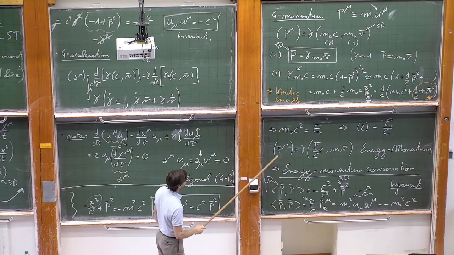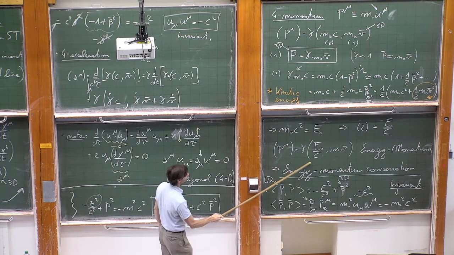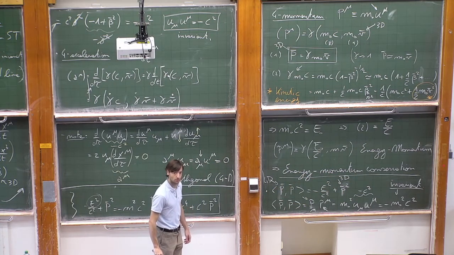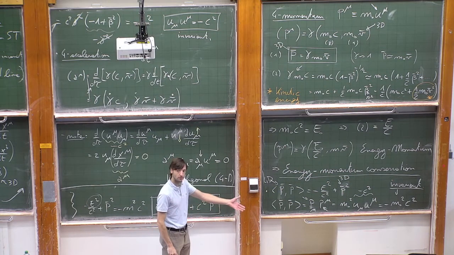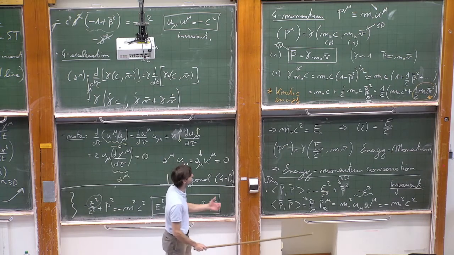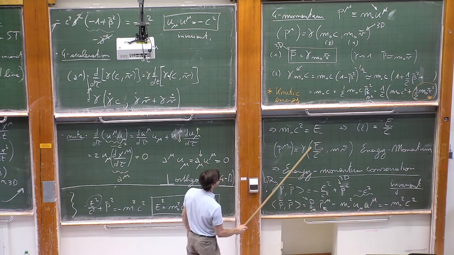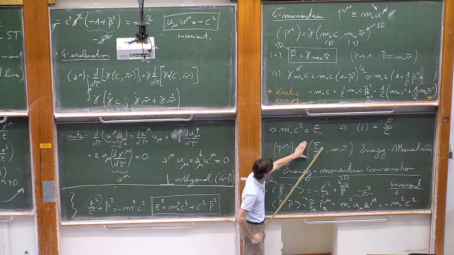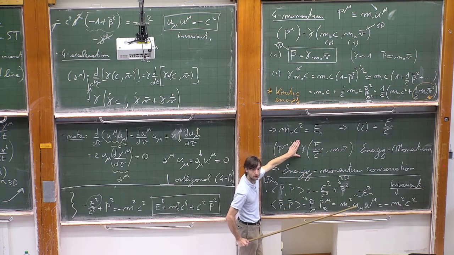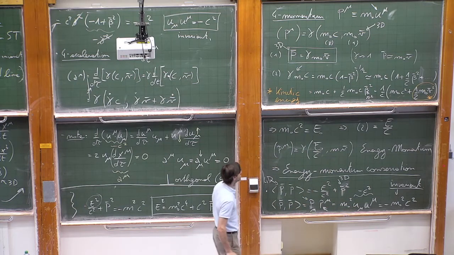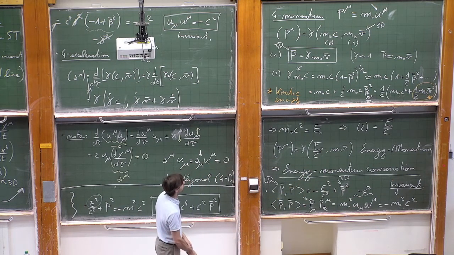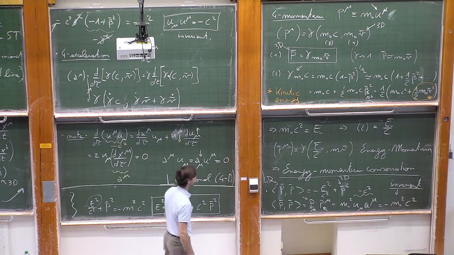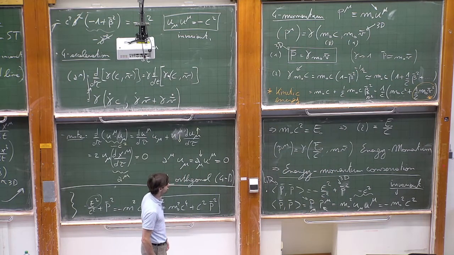Therefore, I can rewrite our four-momentum in this way, and you see that we don't have anymore just a momentum, but we have an energy-momentum, in which the zeroth component refers to the energy of our particle at rest with this gamma factor, since it's not at rest, plus the gamma and v associated to the three-dimensional components of the momentum.